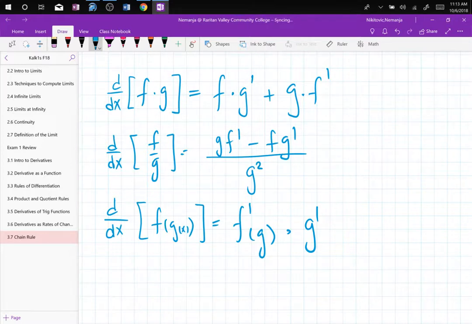could be anywhere, right? I could have a product rule in here.